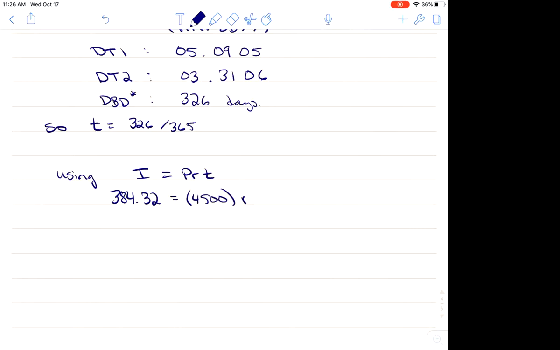The rate is what we want to solve for. And T, we just found, is 326 over 365. So it doesn't matter how we simplify these, because we're just multiplying and dividing.